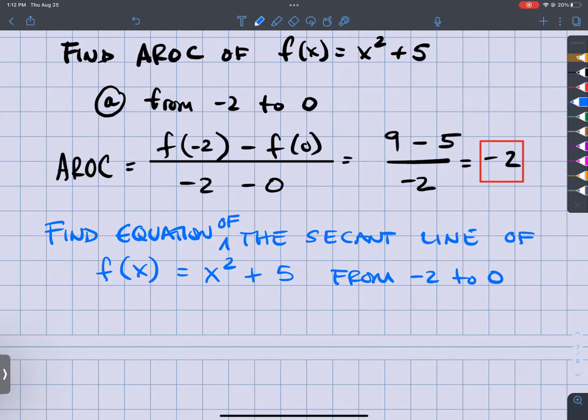Yes, it's the same equation. It's the same distance of -2 to 0. I want you to find the equation of that secant line. Are we confused on what to do?